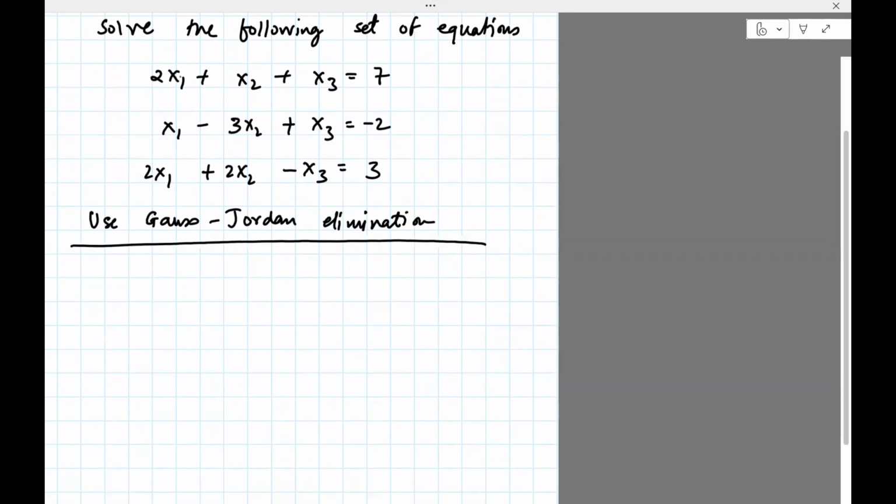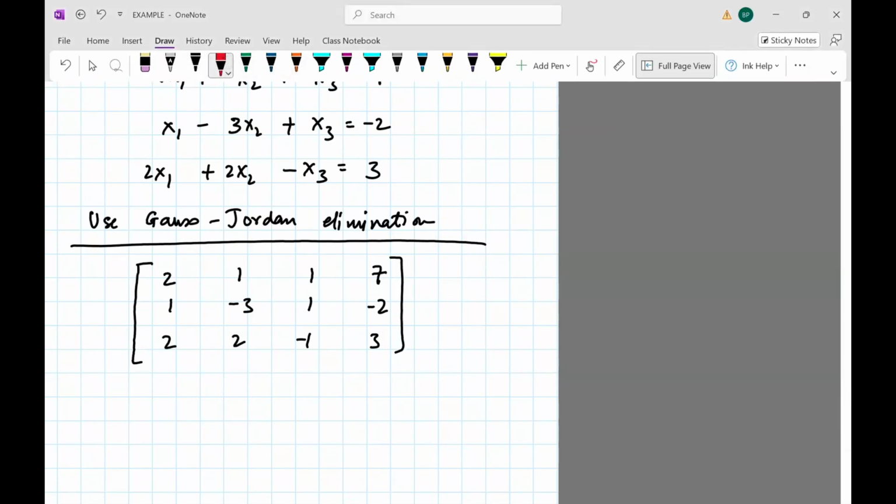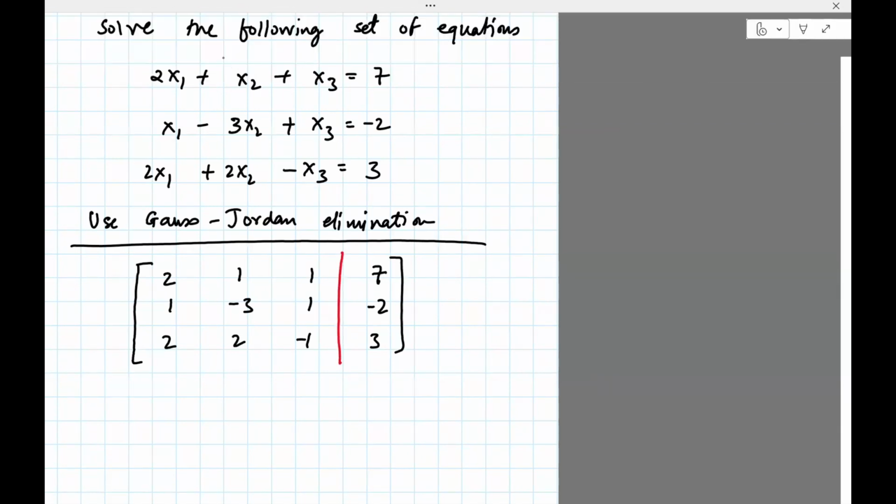Yes, the first step is to write the augmented matrix. So 2, 1, 1, 7; 1, -3, 1, -2; 2, 2, -1, 3. This is A, this is B.